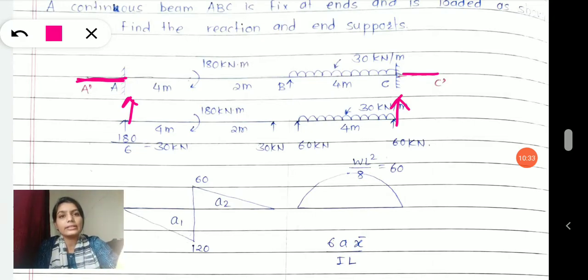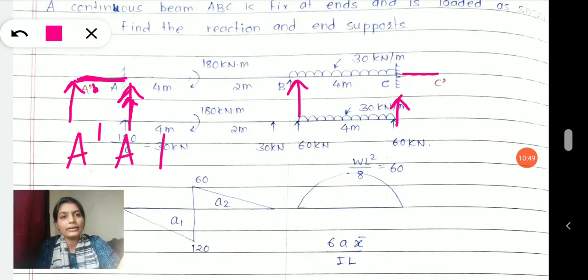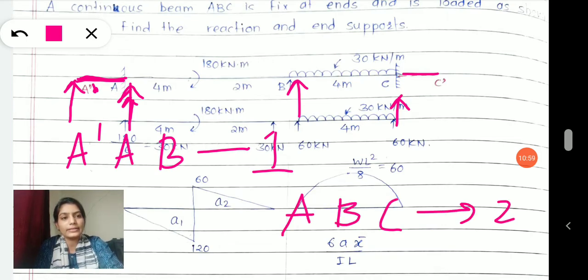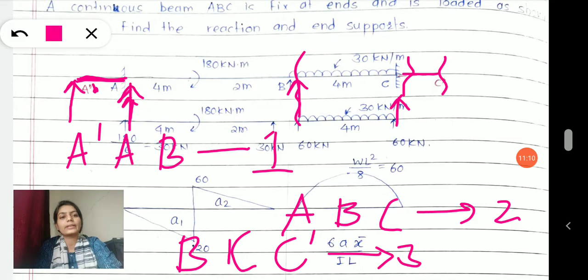I have taken this dummy load to make the three consecutive supports: first support at A dash, second support at A, and third support at B. So my first span will be A dash A B, my second span will be from A B C, and the third span will be from B C to C dash.